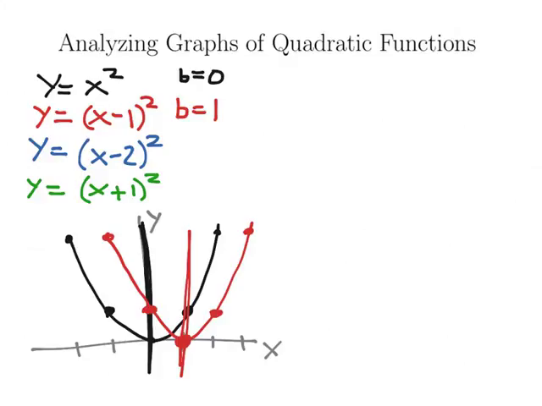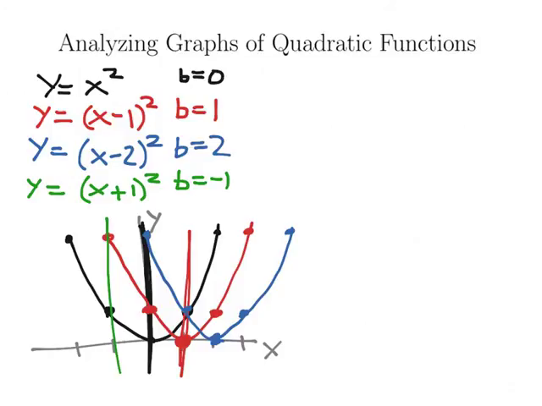But now let's look at b equals 2. It should be shifted to the right one more, and in fact, it is. So we know the vertex is here, and everything is just moved over 1. So I can easily show you what that looks like. And now when b is negative 1, our new axis of symmetry is at negative 1.